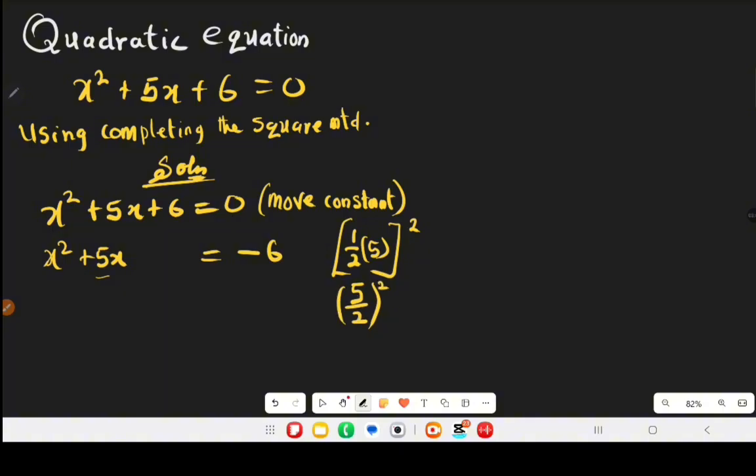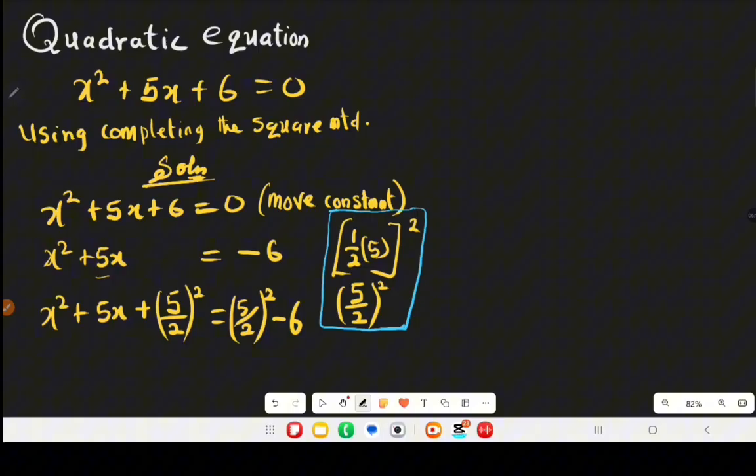Add 5 over 2 raised to the power of 2 to both sides. Then we have x squared plus 5x plus 5 over 2 all squared, which makes it completing the square, equal to 5 over 2 all squared minus 6.